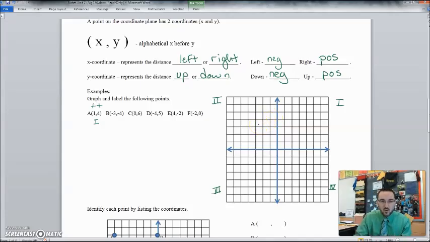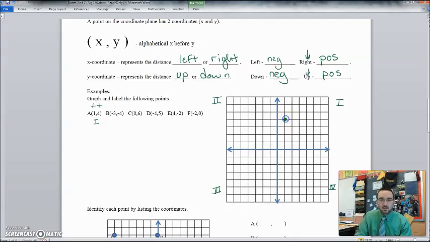So this is in quadrant 1, and I'm going to do left and right first, because that's our x value. Remember, it's a positive number, so we are going to the right. And the y is also a positive number, so we are going to go up. So we go right and then up to find our location on this graph. We go over 1 and then up 4. 1, 2, 3, 4. Boom.